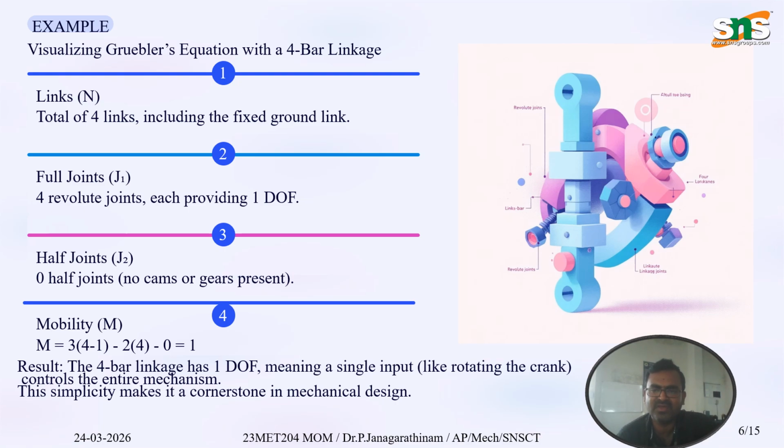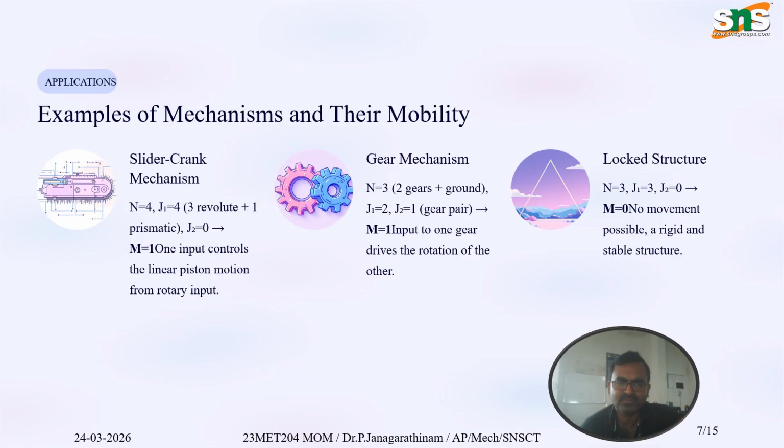In this example, we considered the four-bar linkage, which has 1 degree of freedom, meaning a link rotates, as in crank-based mechanisms. These are some other mechanisms and their mobility calculations. The slider crank mechanism has a mobility value of 1, and gear mechanisms also have 1 degree of freedom.